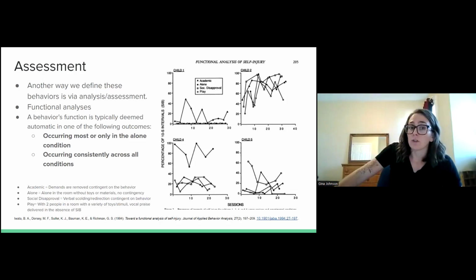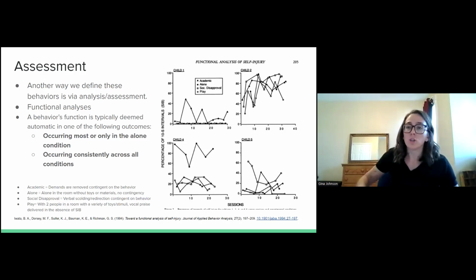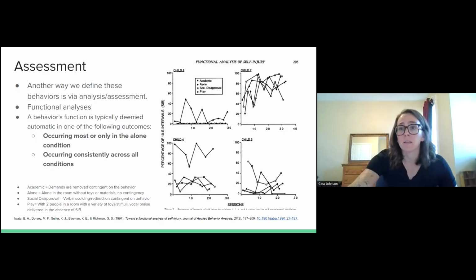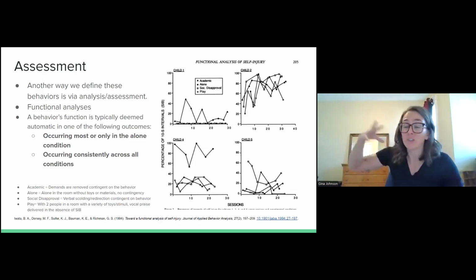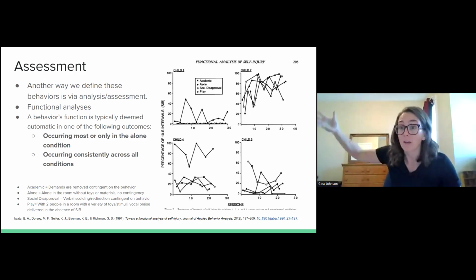So there's 2 scenarios. The first is, again, the bottom left, child number 4, when the behavior happens almost only or most when they're alone in the alone condition. And then the other scenario is the upper right, child number 2, when it happens undifferentiated. You can't identify if it's happening more or less in any one condition. It's happening a lot across all conditions.